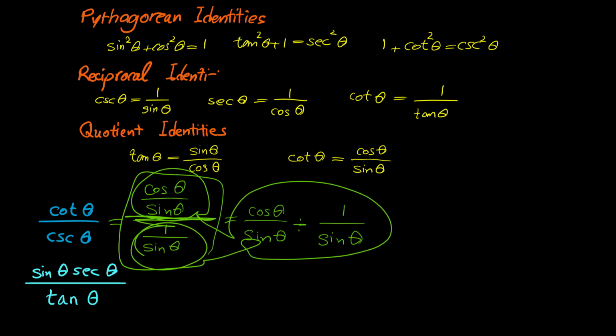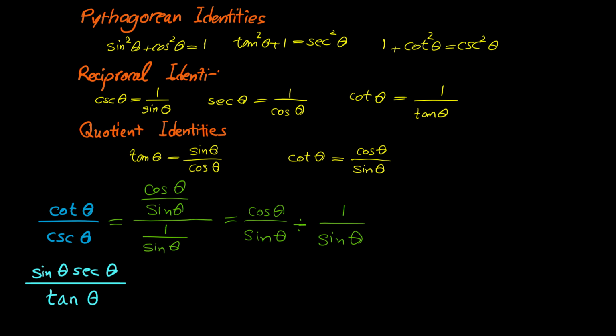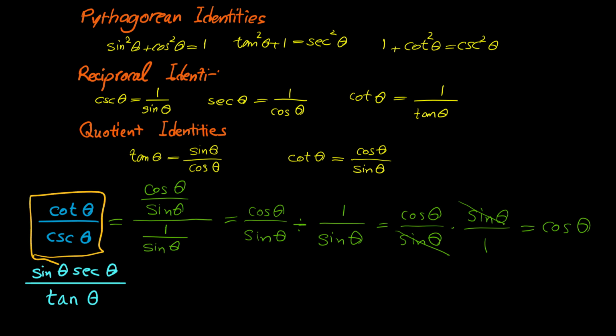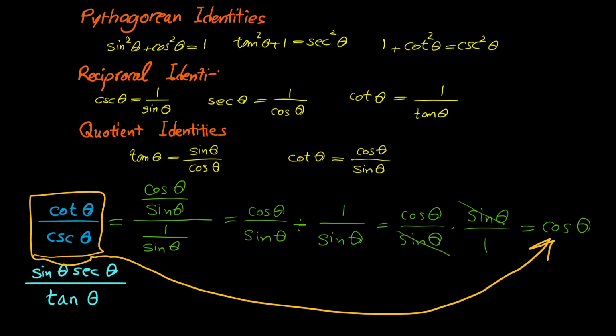And we know that for dividing two expressions, we write the first fraction and we multiply it by the invert of the second fraction. We multiply by the reciprocal of the second fraction. Reciprocal of 1 over sine is sine over 1. Now sine from denominator with sine from numerator cancels, and the answer is cosine theta. So the simplified form of this trigonometric expression is cosine theta.